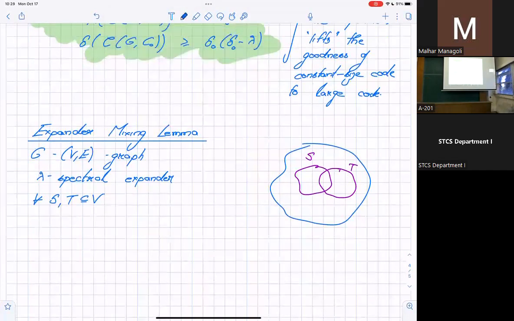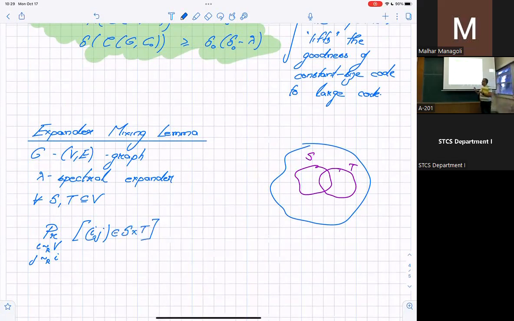I'm going to look at the probability, where you pick i uniformly at random from V, and j uniformly at random from the neighbors of i. And then I'm going to ask what's the probability that this pair (i, j), notice it's an ordered pair, not an unordered pair. An edge is usually an unordered pair, but here I'm looking at it as an ordered pair. What is the probability that this pair is in S cross T.